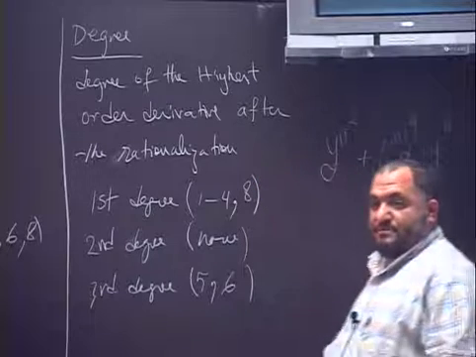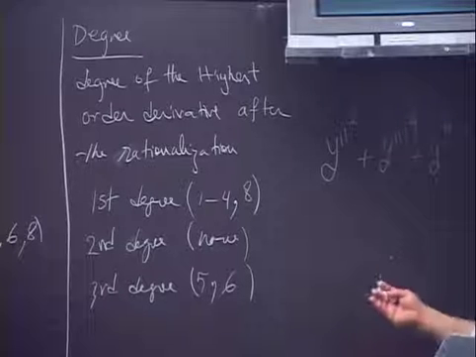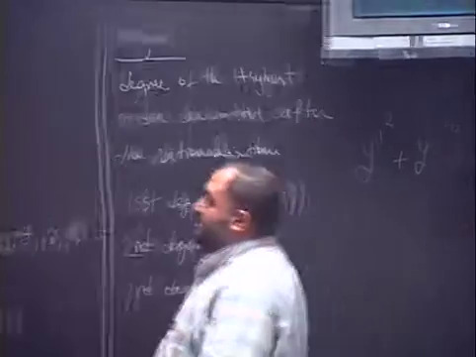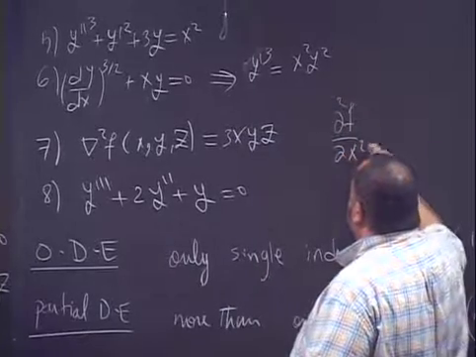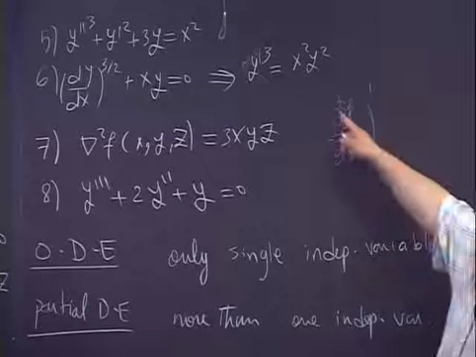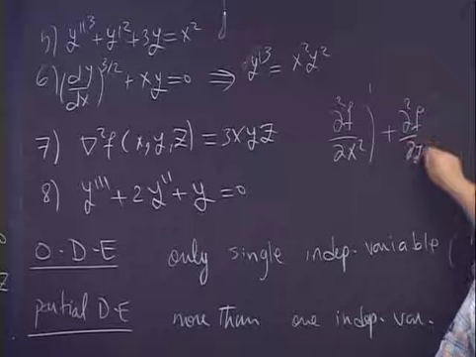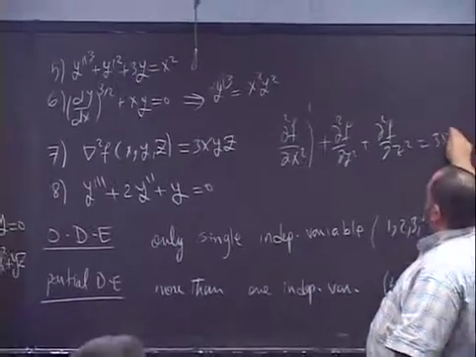Yes, go ahead. Does equation 7 apply to any of those first, second, or third degree? Okay, so this will be whatever function you have, but this is a partial differential equation. Let's assume this is d2f by dx squared plus d2f by dy squared plus d2f by dz squared equal to 3xyz.